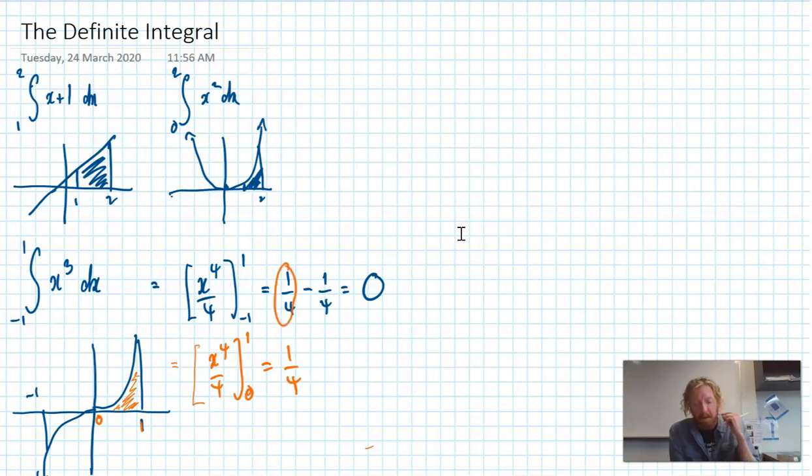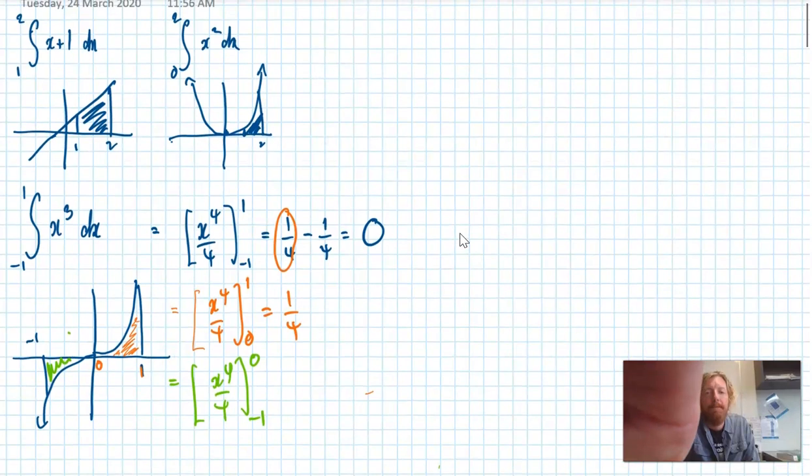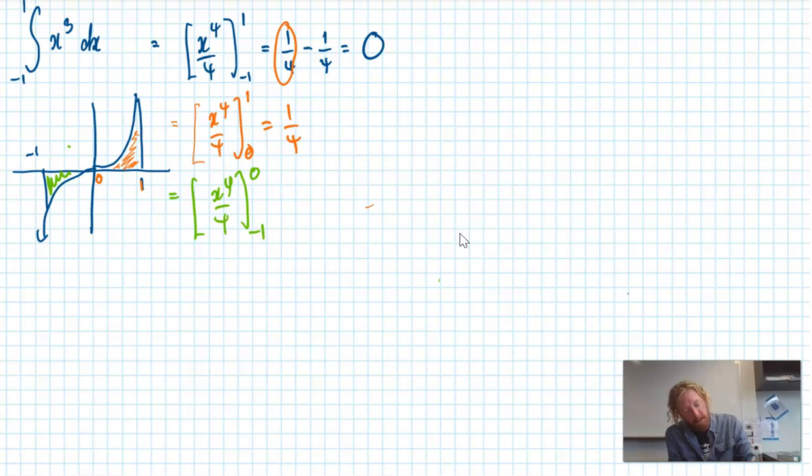That's fine, that's good. If I do it for the other bit, let's say this guy here, that would be x to the 4 on 4 from 0 to minus 1. Now note the larger bound is on the top there. And that will come out at 0 minus a quarter, which is equal to minus a quarter.